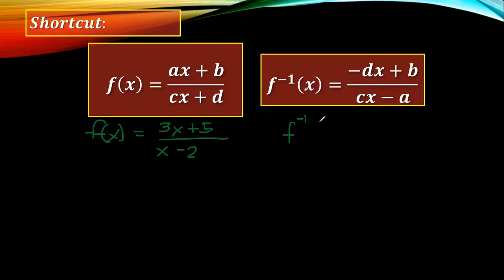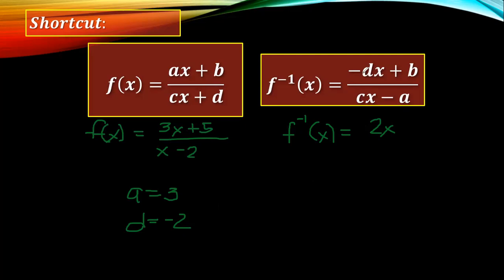Now, using our shortcut, pagpapalitin lang natin para makuha natin si inverse function. Pagpalitin natin si A at D. So, si A is positive 3, si D ay negative 2. So, magiging 2x, no? So, si negative 2 naging positive, kasi nga, double negative yan.